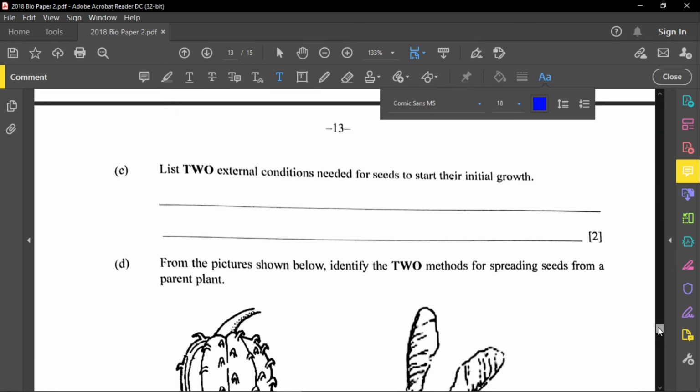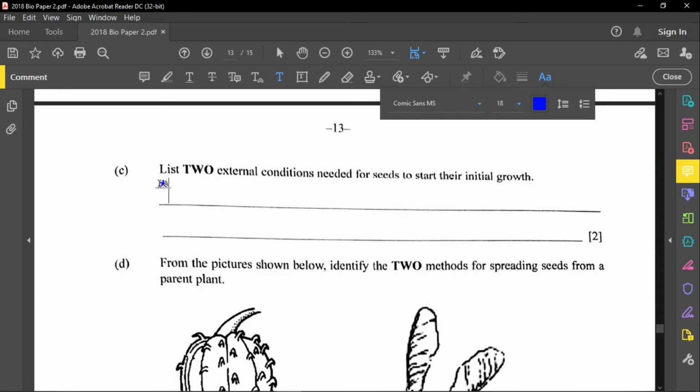Different plants, cross-pollination. Now, part C says list 2 external conditions needed for seeds to start initial growth. And this initial growth we're talking about here is germination. The seed is being germinated. So what we're listing here are the conditions for germination. We also talked about this in our previous review paper, right?